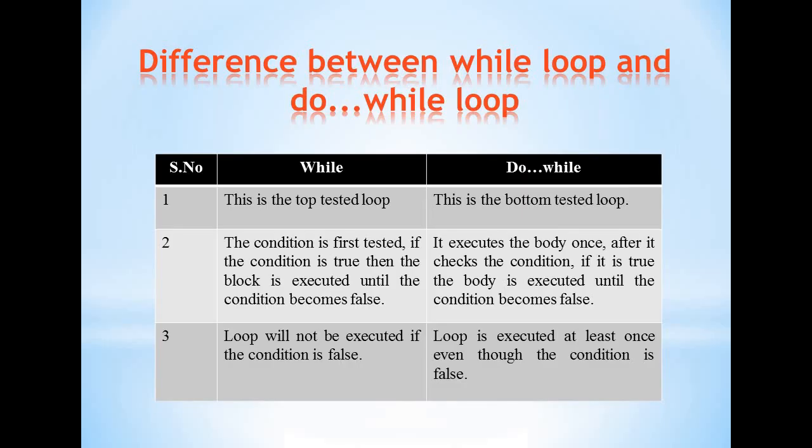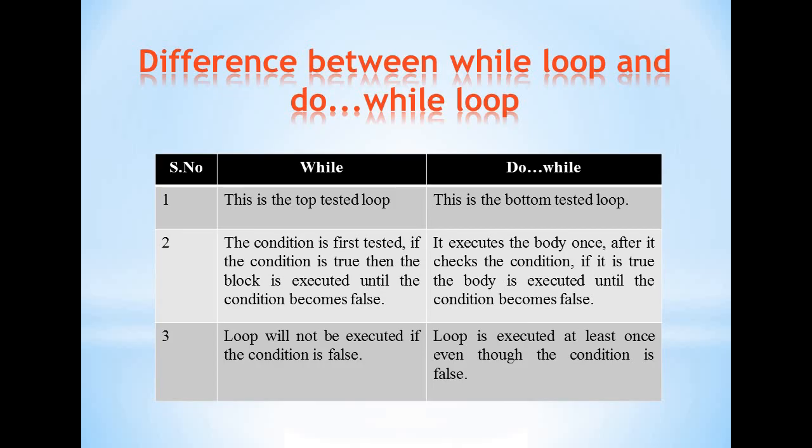So we have seen the while loop and do while loop. What is the difference between the while loop and the do while loop? First one is, while loop is a top tested loop. Do while loop is a bottom tested loop. So in the while loop, the condition is first tested. After that the body of the loop will be executed. In the do while loop, it executes the body at least once.